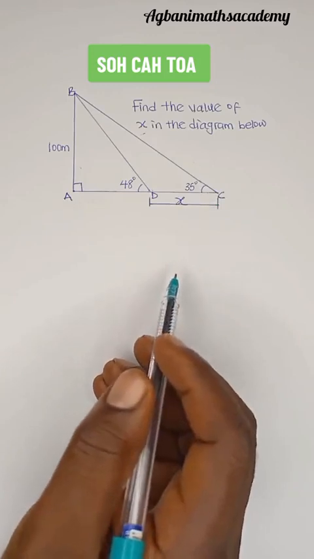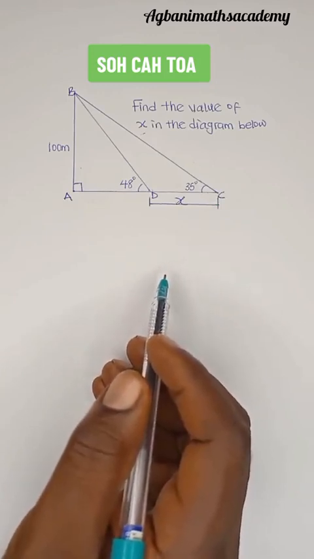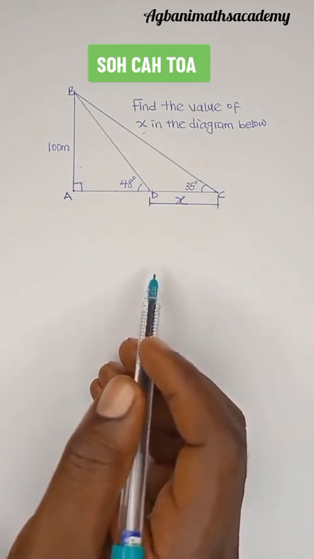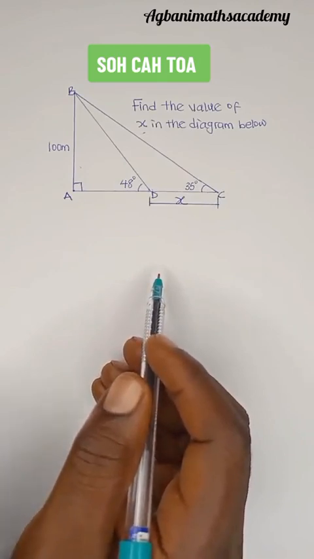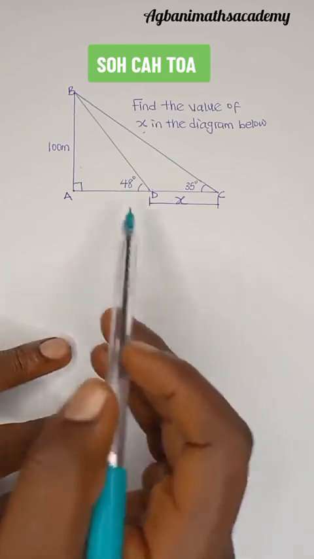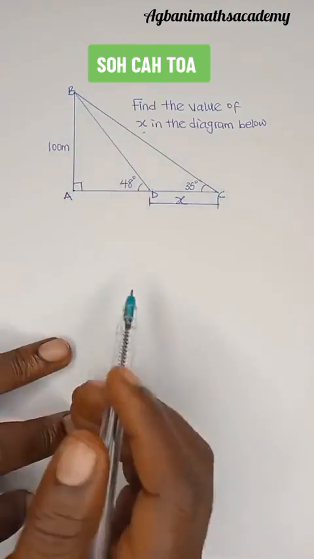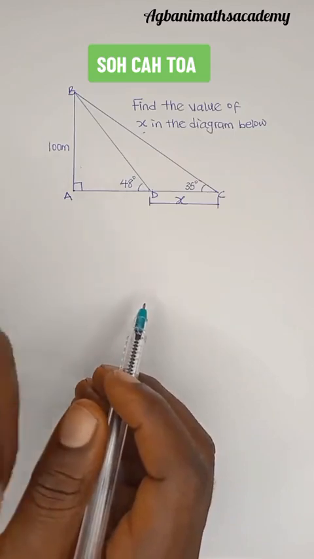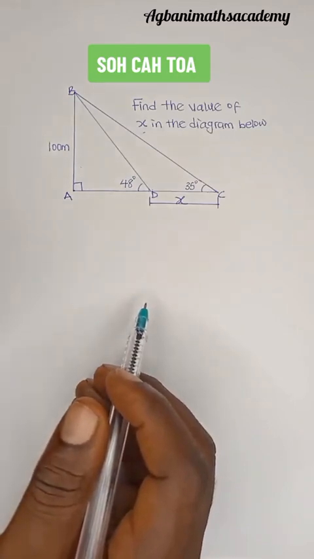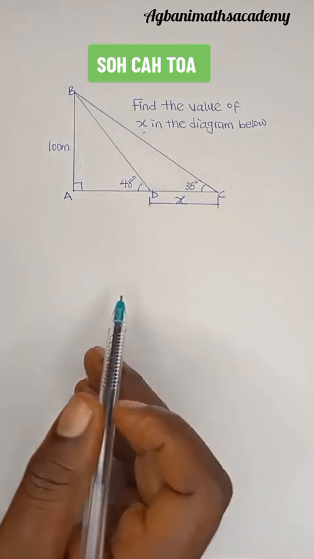Okay, so the topic involved here is SOH CAH TOA. SOH CAH TOA is used to solve an unknown side or angle of a right-angled triangle. So from this diagram we can see that this is a right-angled triangle. There's another topic that can also be applicable to a right-angled triangle, and that is Pythagoras theorem.